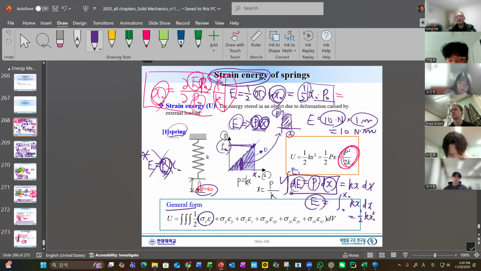But this is a first step for you to get into this subject. The main point is that you have to keep thinking. You should always have a spring, try to extend it. How can you apply it? How can you get the deflection?